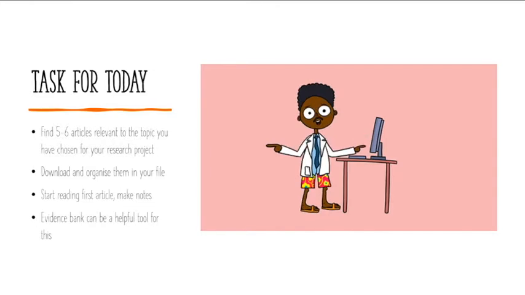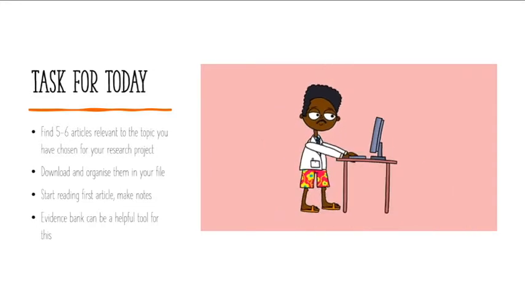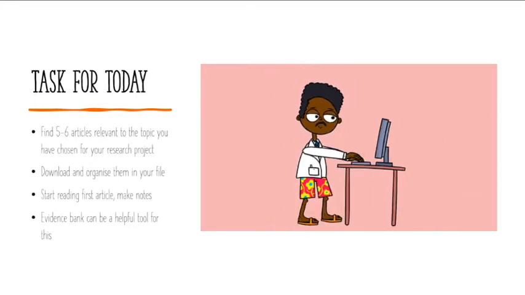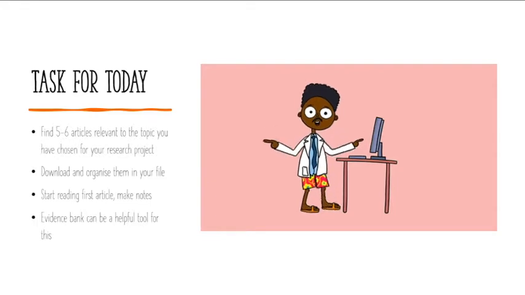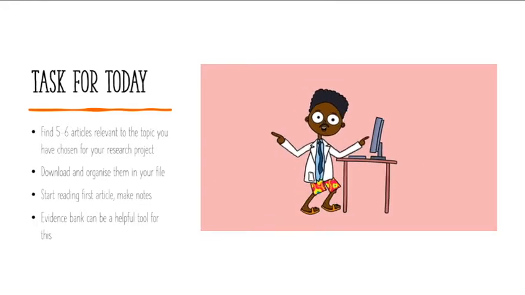So once you've downloaded all the articles that you think are relevant to your topic, you can slowly start reading these papers one by one. Make notes on them as you do so. This will come in handy when you start writing your annotated bibliography.